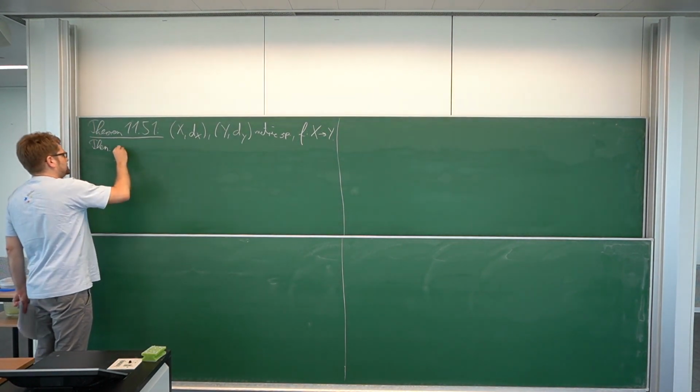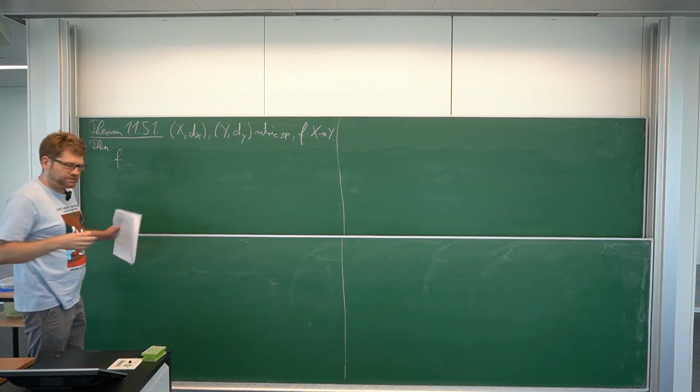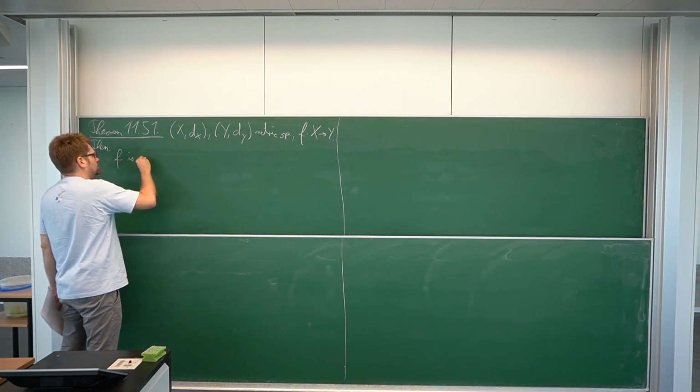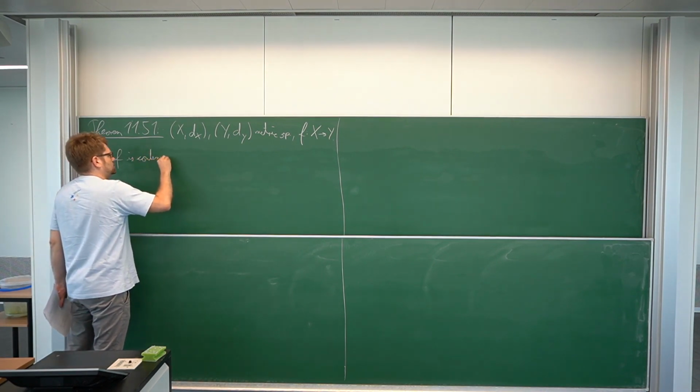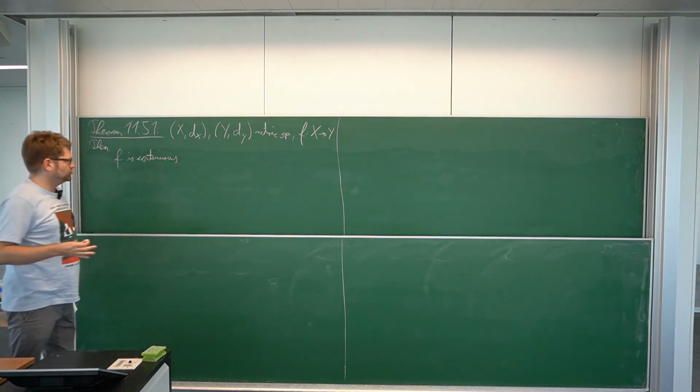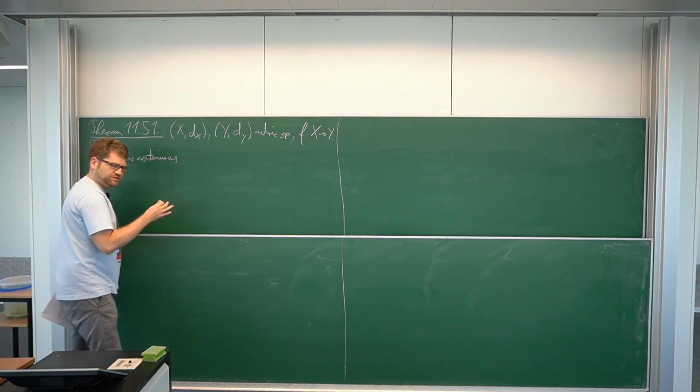f is continuous, so continuous in every point. This is what I'm characterizing here. How I'm characterizing continuity in a different way: so assume it's continuous everywhere.